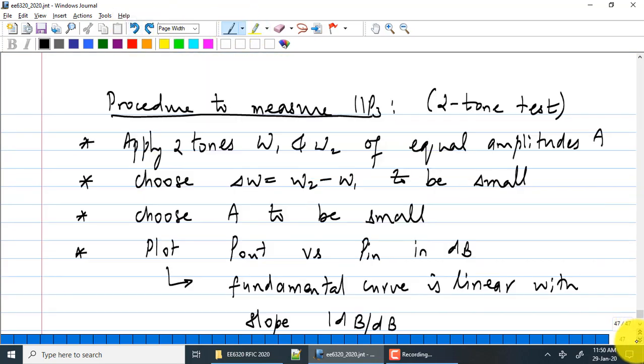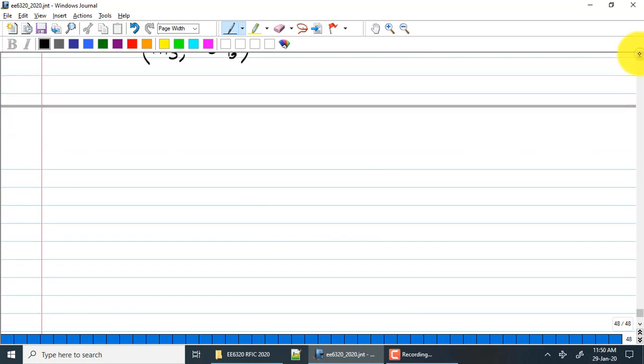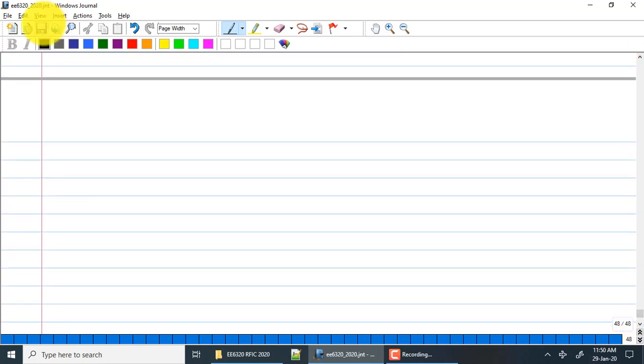Now, before we disperse for the day, I want to calculate the value of IIP3. How do I calculate it for this system? Fundamental? Equal.